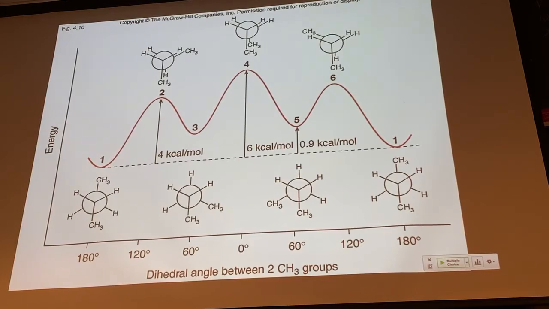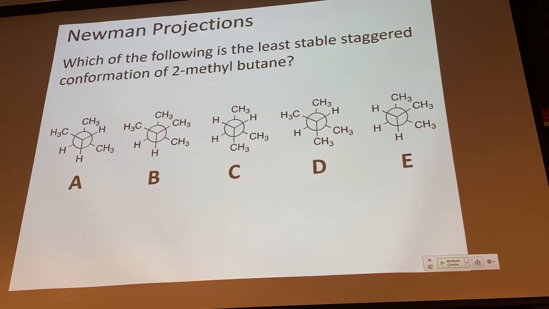And the same principles apply to longer chains. Any acyclic alkane is going to prefer the staggered conformation to the gauche conformation in order to minimize steric strain. Okay? So we should be able to analyze the Newman projections of larger alkanes.